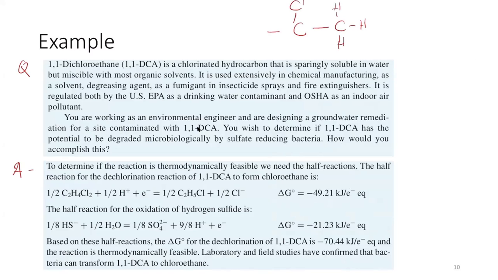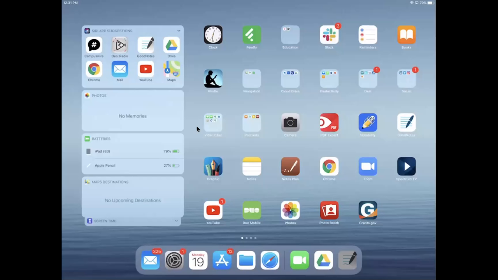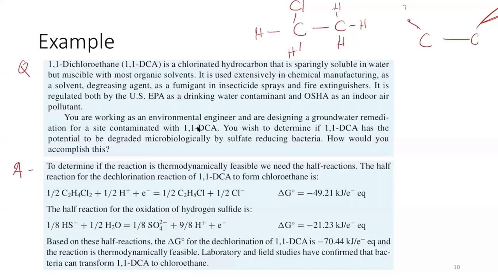But in case there is a chlorine replacing that hydrogen, that's called a chlorinated hydrocarbon. So DCA, dichloroethane, basically there are two chlorines. Ethane. So that will be another hydrogen.